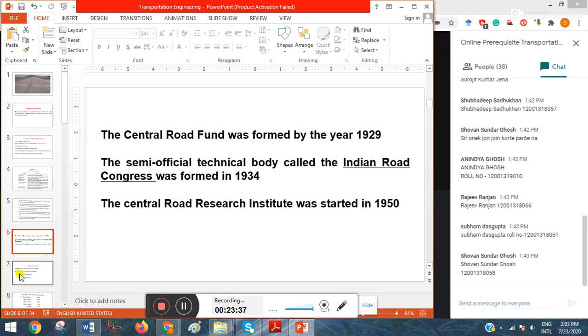Next is Indian Road Congress, that is IRC. At the instance of central government, a semi-official technical body known as IRC was formed. This, it may be recalled, is one of the main recommendations made by the Jaigar Committee.